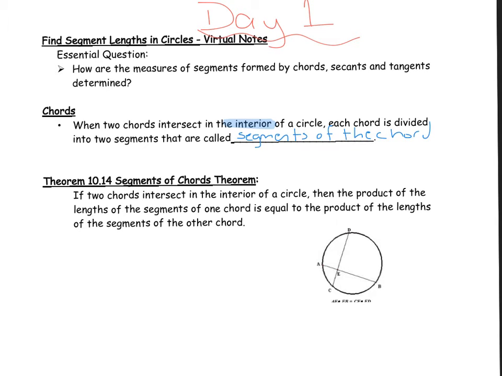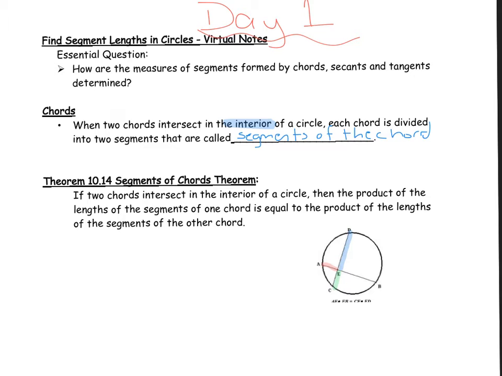Okay, so let me look at this diagram to tell you what I mean. Segments of the chord. Looking at this diagram, you can see we have one piece here. We have one piece here. So the blue would be a segment of chord DC. It's a piece of it. The green would be a segment of chord DC. It is just a piece of it. We also have a segment of the chord here.